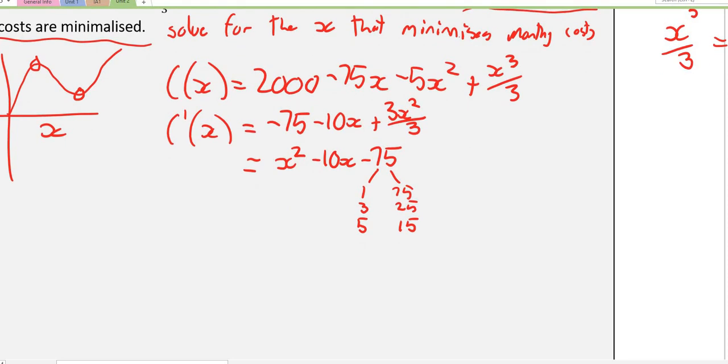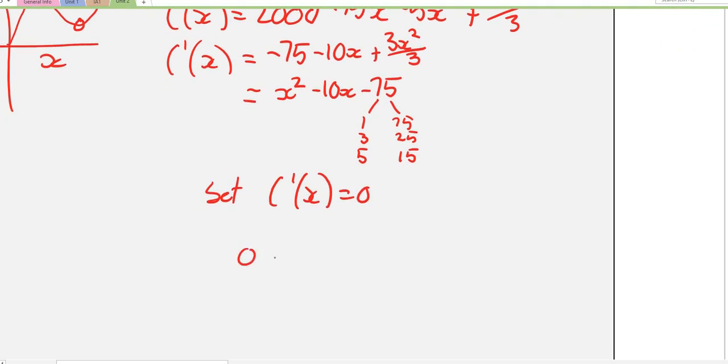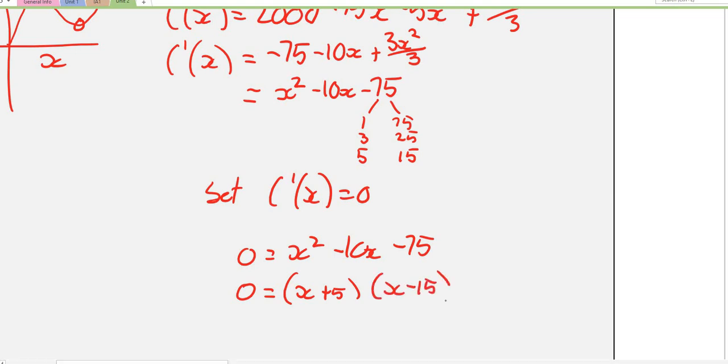So, we haven't even done that step yet. So, set C dash equals 0. I'm so used to doing Fs. So 0 equals x squared minus 10x minus 75. 0 equals, and it would be x plus 5, x minus 15.